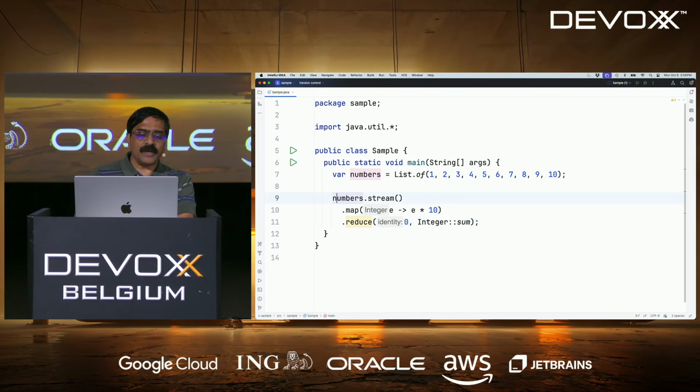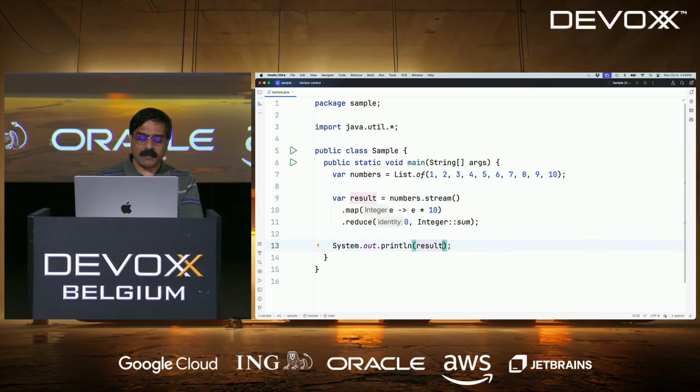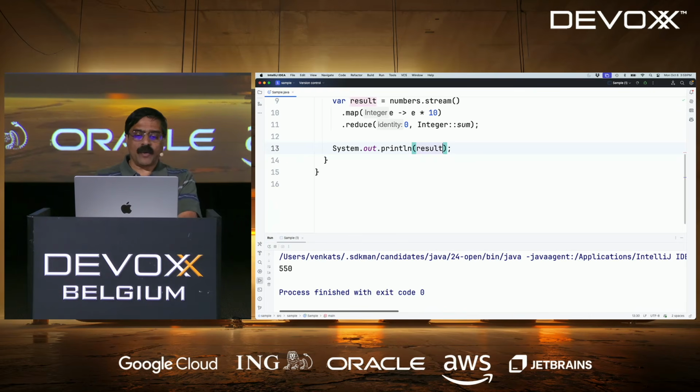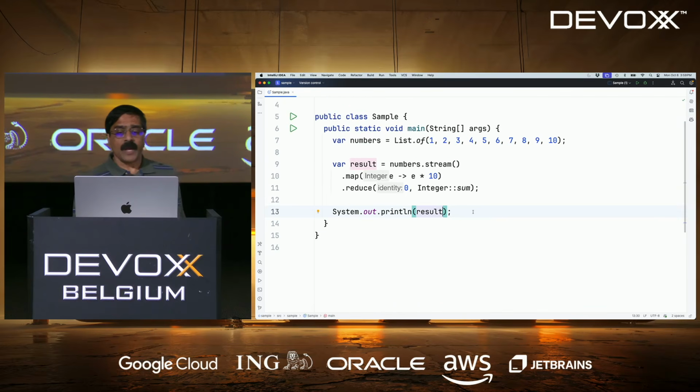So this is going to return a result. The result is going to be the sum of all the values multiplied by 10. So when you run this code, it's 550, right? So that's the result. However, we need to understand how reduce actually works.